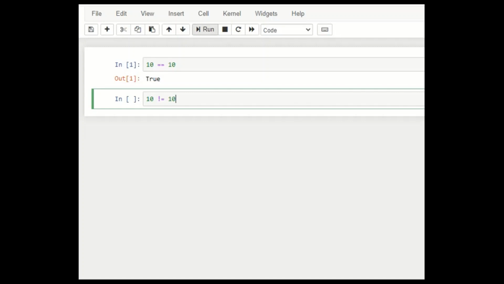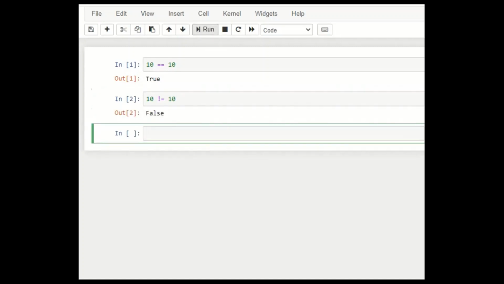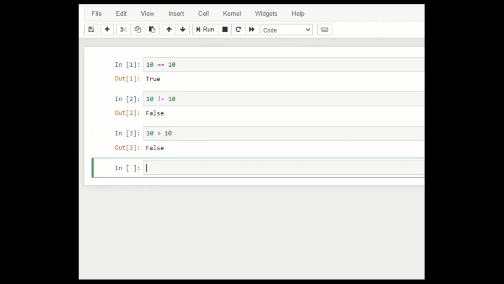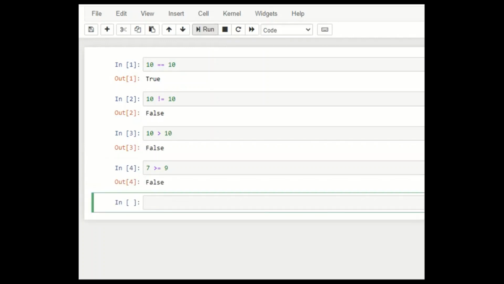That should return false because both values are equal, which it does. And then 10 greater than 10, that should return false because they're equal.